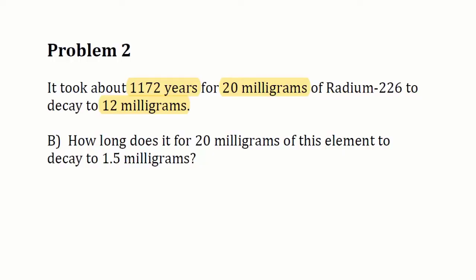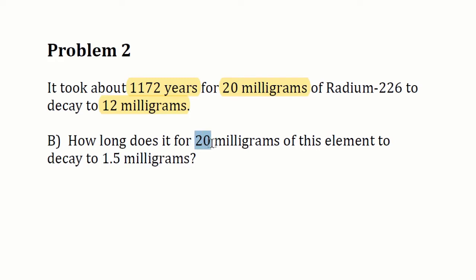So now the question in B here is asking how long does it take for 20 milligrams, okay? And as I admitted earlier, the problem itself has a little missing word right here, but how long does it take for 20 milligrams of this element to decay to 1.5 milligrams?